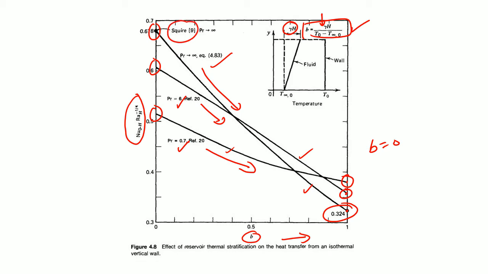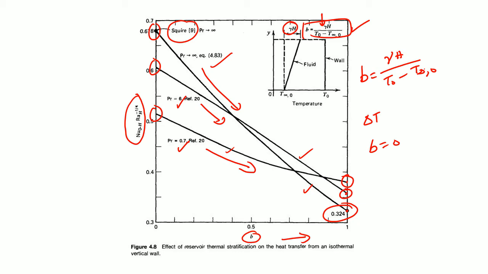So, in all we can say that there is no local similarity as such, but we can say for sure, as expected, that there will be a decrease because stratification is reducing the delta T potential, so to say. It is reducing the delta T potential for this particular system. So, B, as you can see, is gamma H divided by T naught minus T infinity naught.